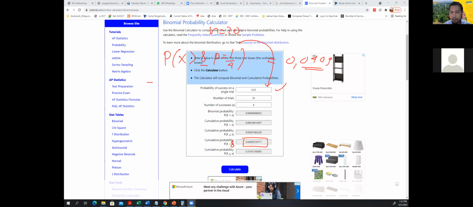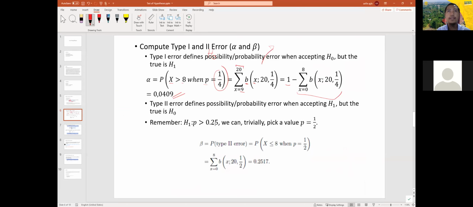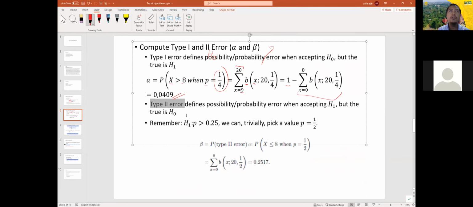Okay, we go back to the PowerPoint. Okay, here. That's all. And then for computing type 2 error, by definition it is the probability of error when accepting H1, but the truth is H0, the null hypothesis.